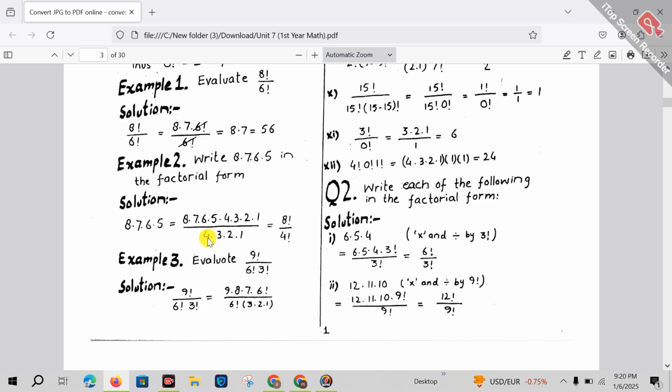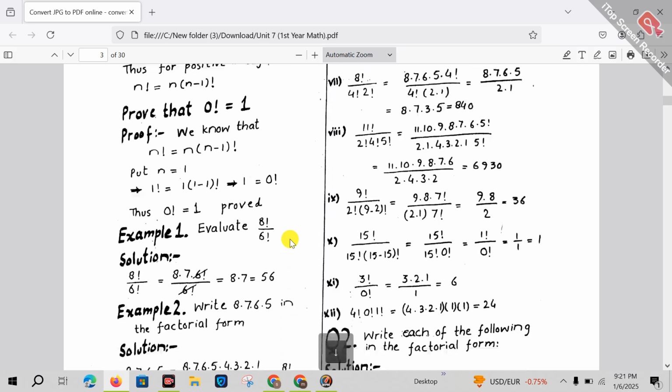So we have divided by 4, 3, 2 and 1. Then the biggest number, the first term, is 8, so the numerator is 8 factorial, and below, 4, 3, 2, 1 is 4 factorial. So this is the concept.